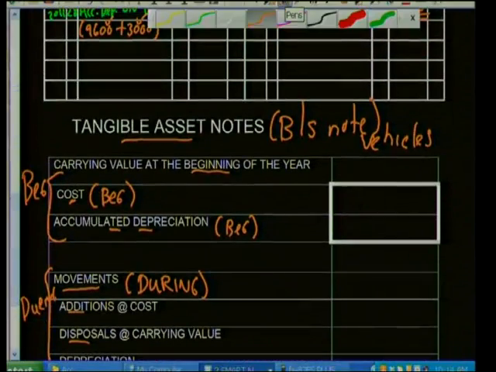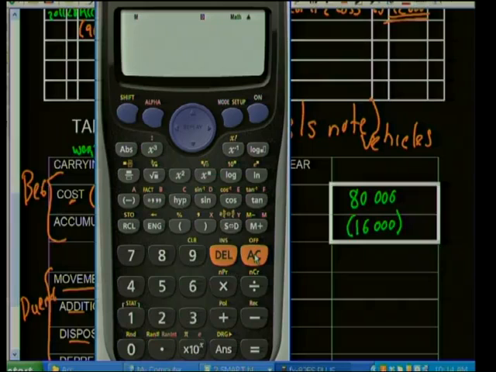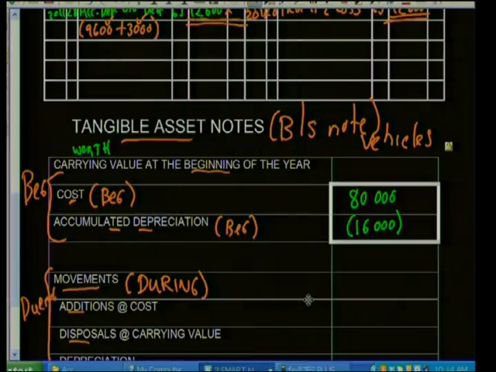Beginning of the year, cost 80,000, accumulated depreciation is going to decrease the value of my asset. So in brackets, it's a negative figure, 16,000. So the carrying value, the actual worth of my vehicle at the beginning of the year is 80,000 minus 16,000, and this vehicle is worth 64,000. So let's fill that in, 64,000.